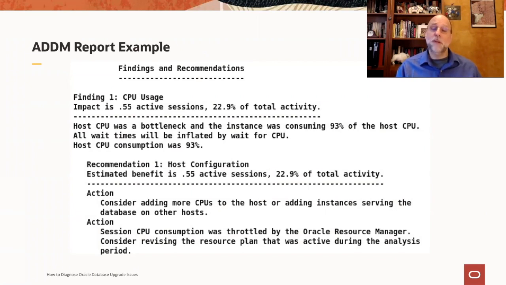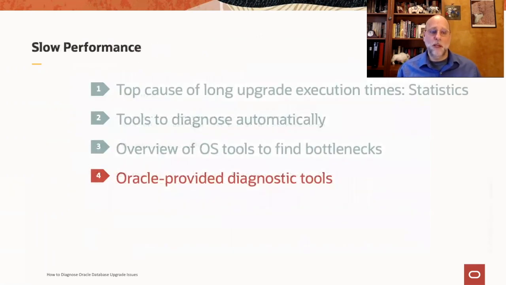In this case, you are CPU bound. That tells you, don't go looking at your IO as the culprit. What you want to do is either look at who's consuming the CPU and make that more efficient, or maybe you just need a bigger system, because sometimes you just need a bigger system for the workload which has expanded over time. So look at those findings and recommendations.